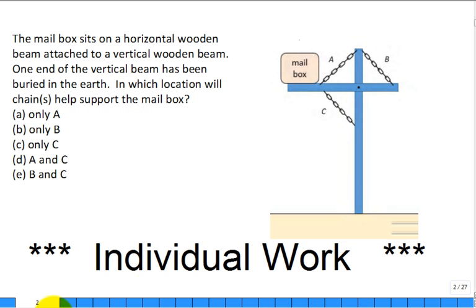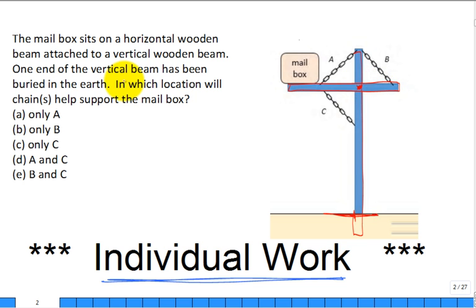So we start with individual work, so I don't want you to talk to your neighbor on this clicker question. It's multiple choice, and a mailbox sits on a horizontal post, or horizontal wooden support. Right here it is. And it's attached to a vertical wooden beam or post that's sunk into the ground. And it's pinned right there in between.